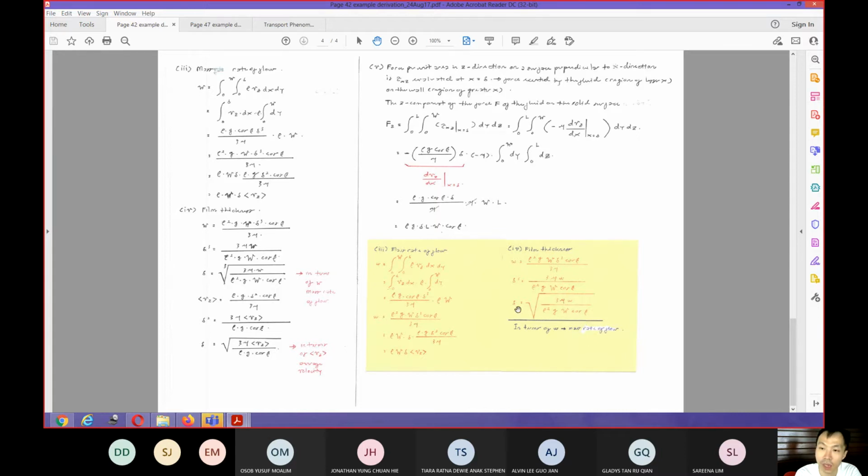You can predict the film thickness from these particular correlations. Okay, or if you can get the other quantities, then you can also get the mass rate of flow, right?